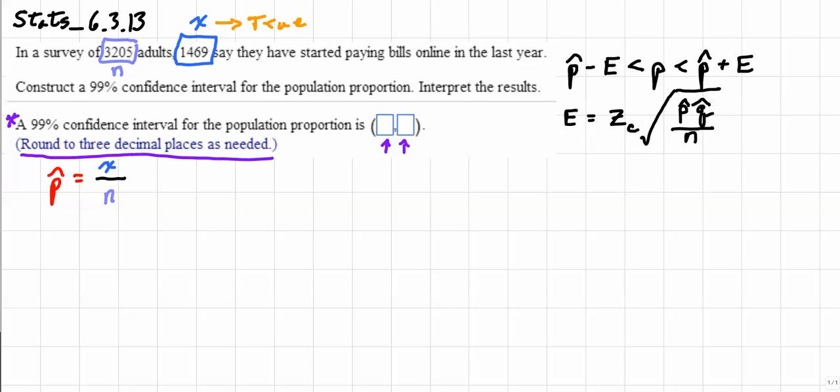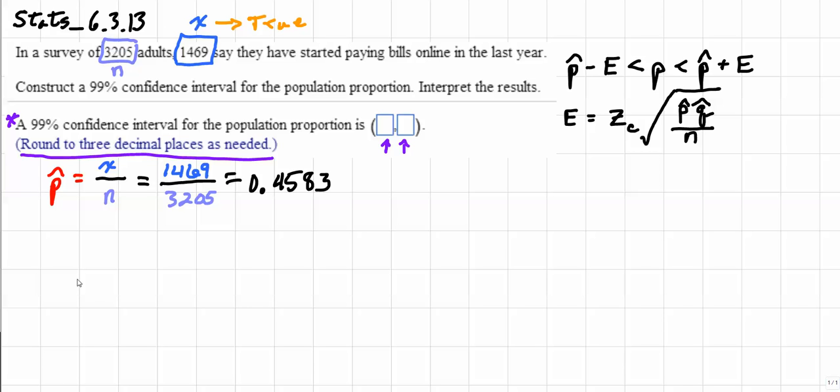So now that we know what x and n are, we can determine what that percentage or ratio is. We'll take 1,469 and divide that by 3,205. Putting this into the calculator, that gives me a decimal of 0.4583.